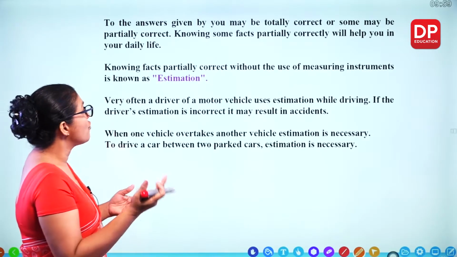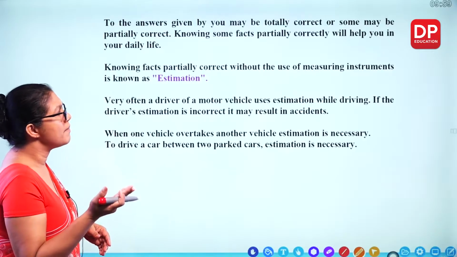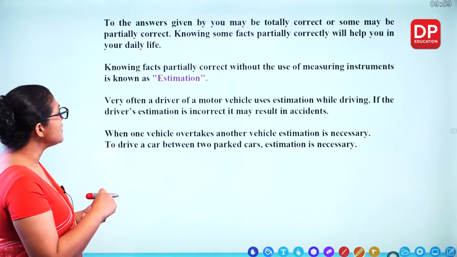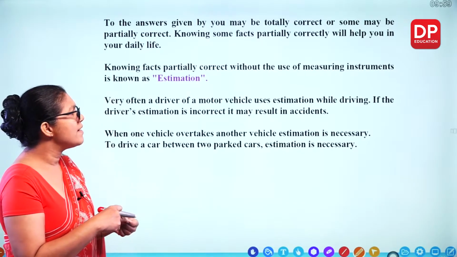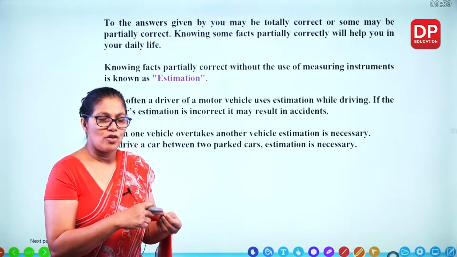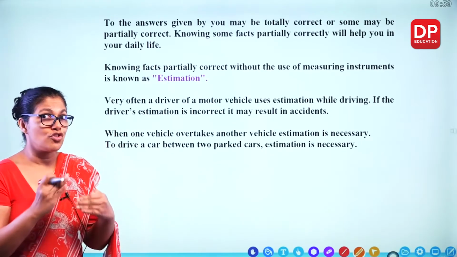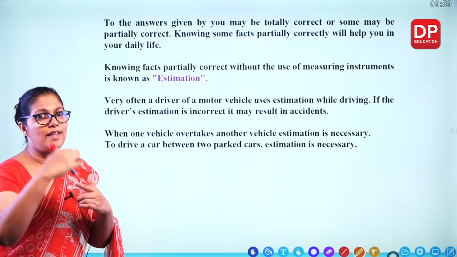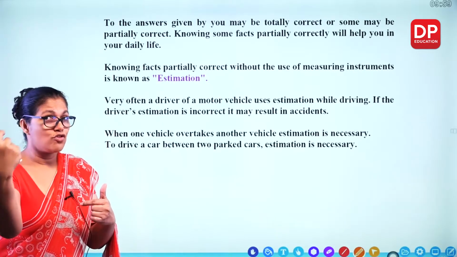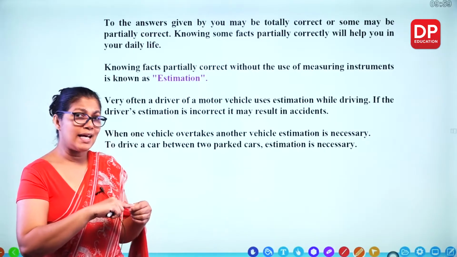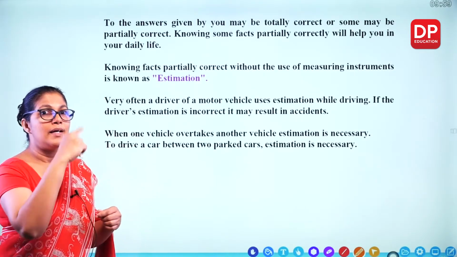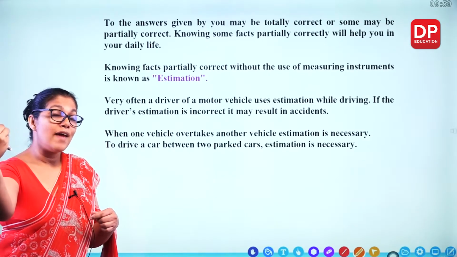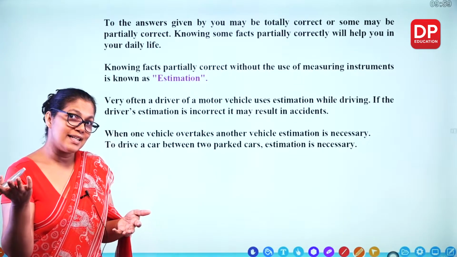Very often, a driver of a motor vehicle uses estimation while driving. If the driver's estimation is incorrect, it may result in accidents. So the driver needs to check whether he can overtake the vehicle, so he needs to look at the speed of his vehicle, the speed of the vehicle in front, as well as the vehicles coming from the other side.